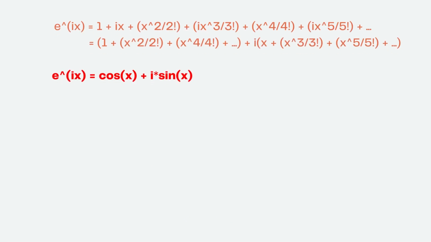Therefore, we can rewrite the equation as e to the power ix equals cos x plus i sin x, and this is Euler's formula, which relates the exponential function, cosine function, and sine function using complex numbers. It demonstrates the profound connection between exponential functions and trigonometric functions and is a fundamental result in mathematics.